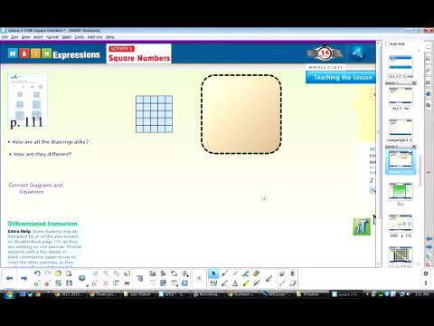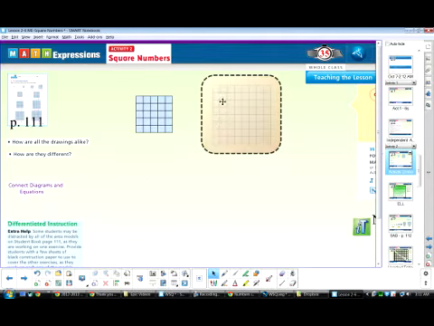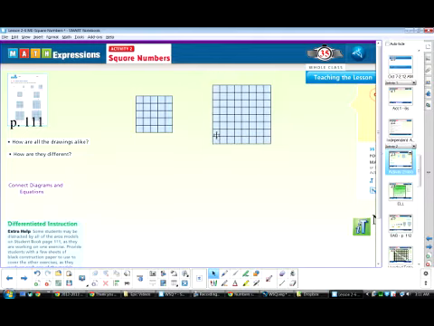Well, let's make sure you understand what square numbers are. How are these two squares alike? You have this one and you have this one. They're square, aren't they? It has 1, 2, 3, 4, 5 squares by 5 squares. That means it's square, it's equal. But this one's bigger. 1, 2, 3, 4, 5, 6, 7, 8.